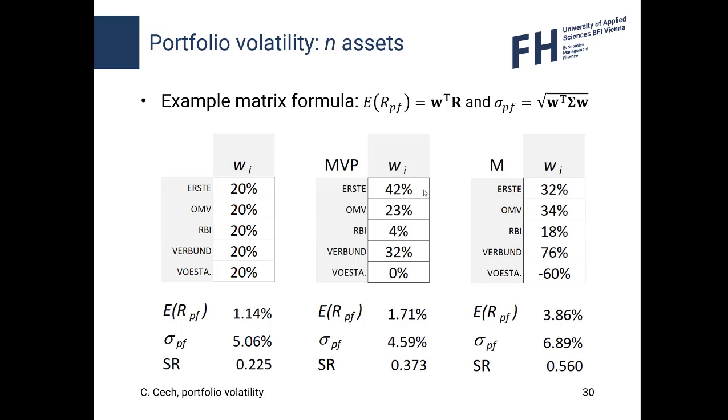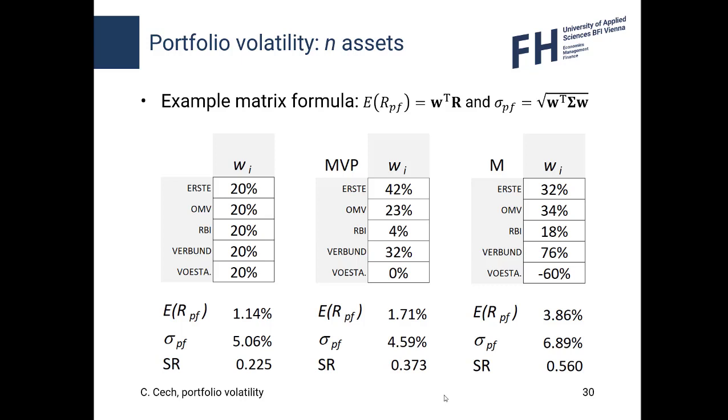You see this portfolio is not anymore equally weighted. It is not invested in voestalpine, and it is heavily invested in Erste Group and Verbund, and also OMV, and a little bit in Raiffeisen Bank International.